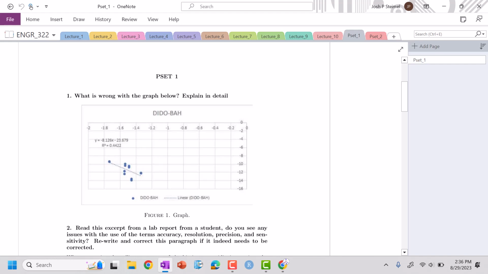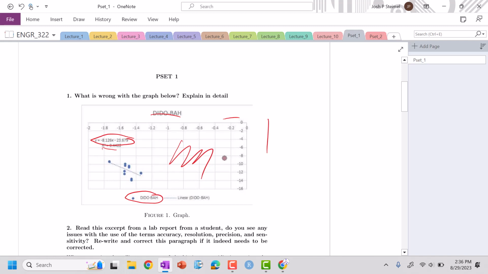So what's wrong with the graph below? Well, again, grid lines, right? Axes labels, nope. Very difficult to read. A legend, and then a figure caption or a figure title that's really not necessary at all. We have an r squared value and we have an expression here, but there's no context really that's given.